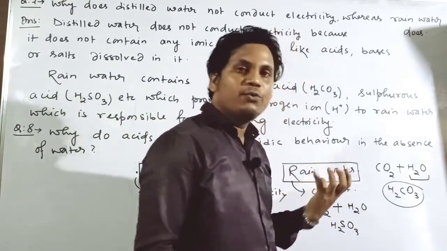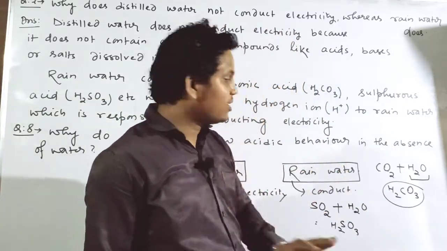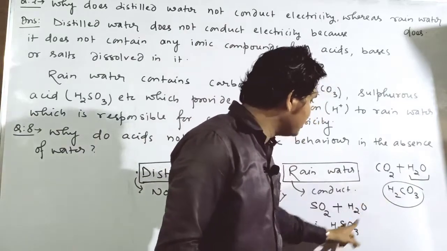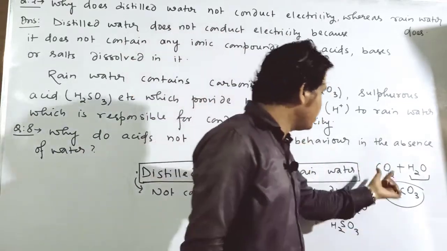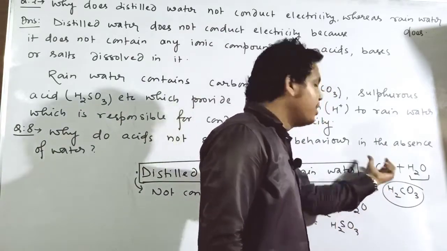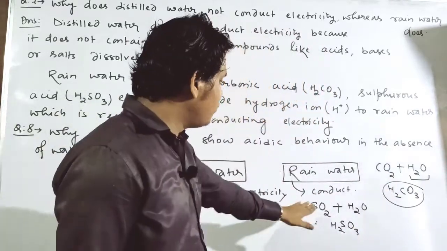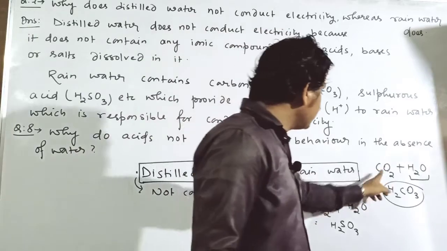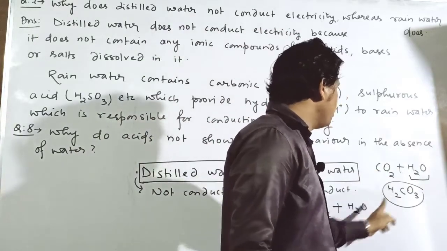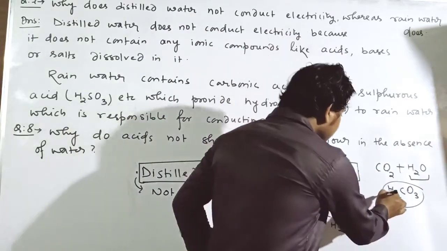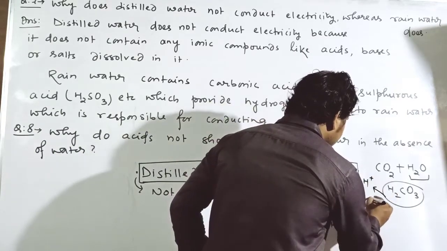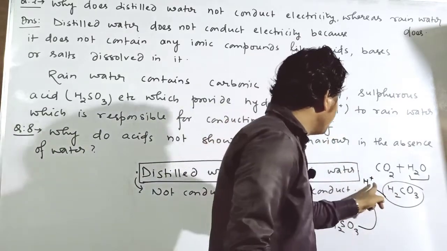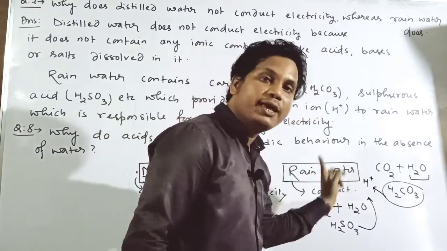We are saying rainwater, but it is not only water. In that water some acid is also there. From where does the acid come? The atmosphere. There are some gases like carbon dioxide and sulfur dioxide. Those gases combine with water to produce acid, and this acid will give H positive ions to rainwater.